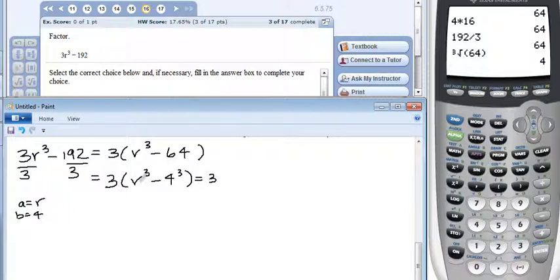So I still have this 3, don't forget that. And now I have A minus B, and I've got A squared plus AB, which is 4r, plus B squared. So if I would take the time to remultiply all these things together, I would get back this piece right here.